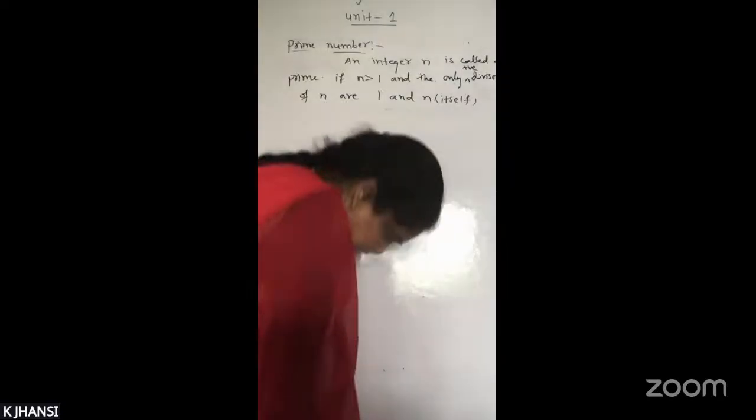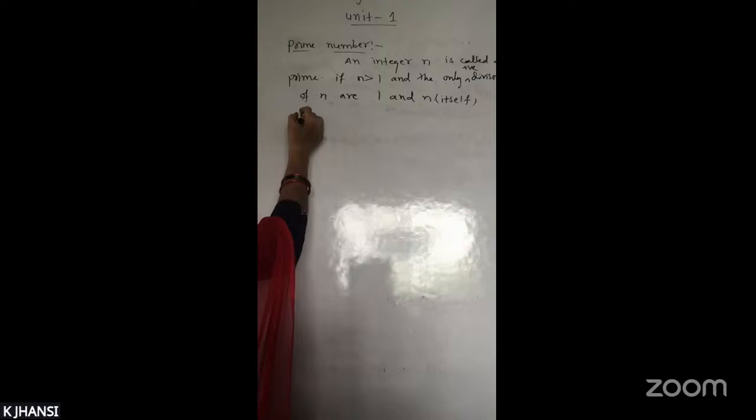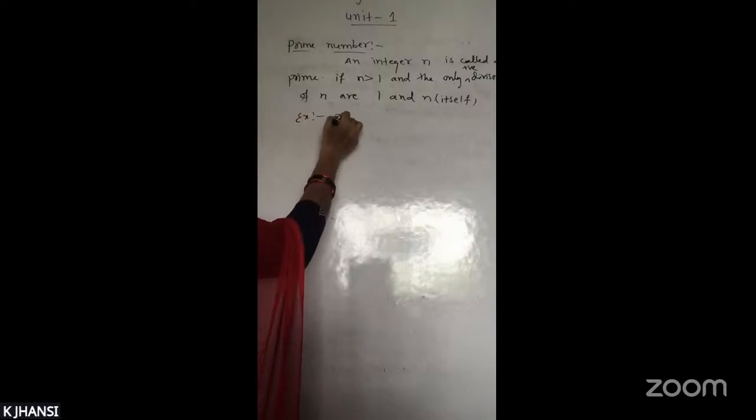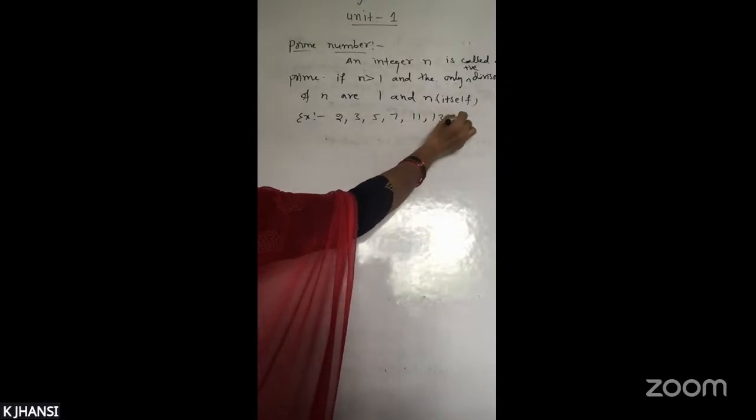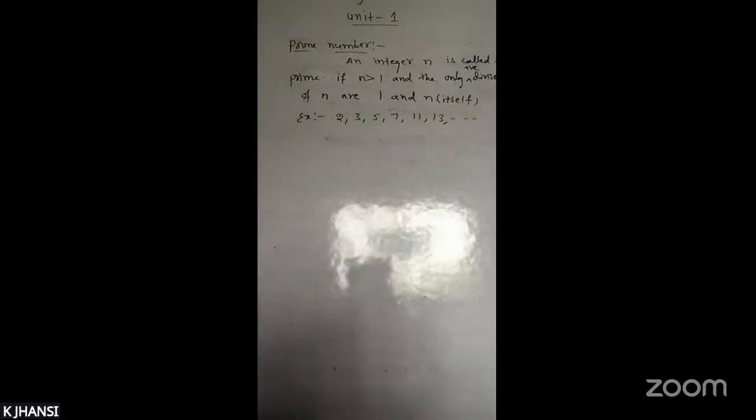You can take the example here: 2, 3, 5, 7, 11, and so on. These numbers are called prime numbers, because 3 is divisible only by 1 and 3 itself.